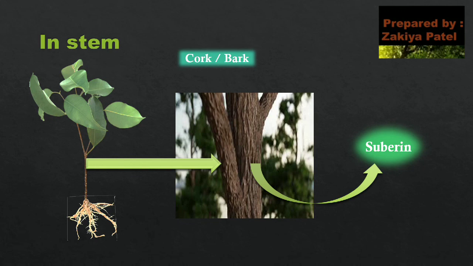And the last one, in the stem of the plant, the tissue is converted into dead thick layers which are called cork or bark of the tree, and this bark has a chemical called suberin, which helps gaseous exchange and removal of water from the stem of the plant. So in our next video we will learn about complex tissue.